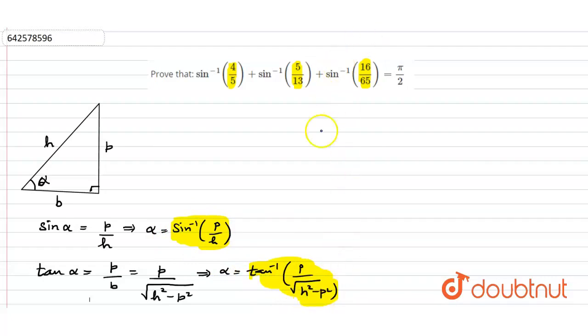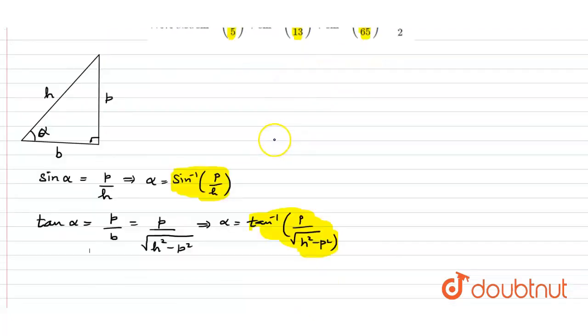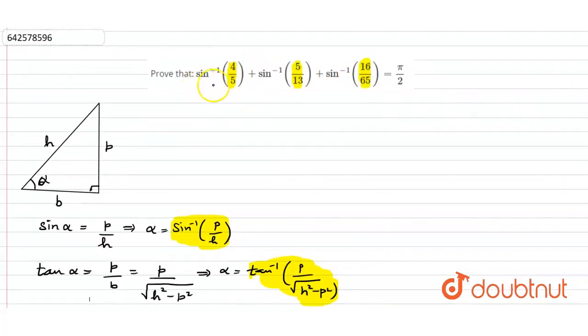This particular idea I will be using to solve this question. Let us now see what I can write in terms of tan inverse. Sine inverse of 4 by 5 can be written as tan inverse of 4 by 3.